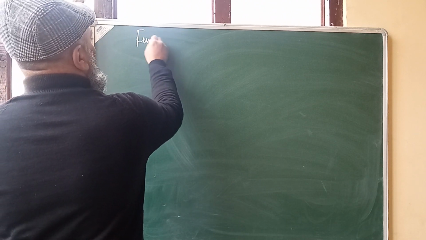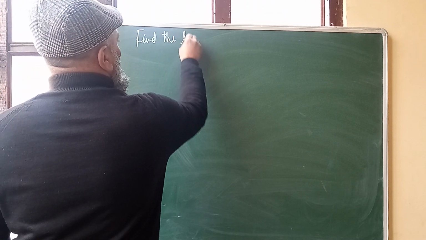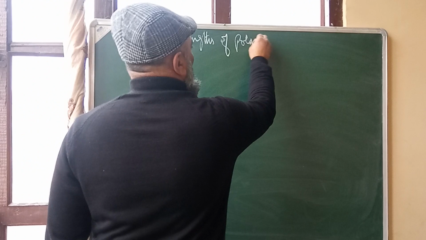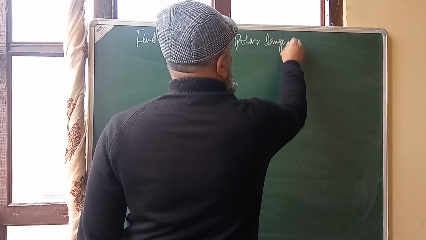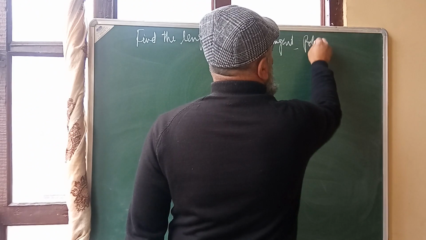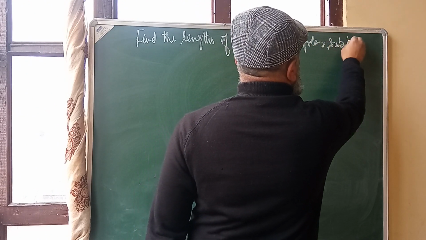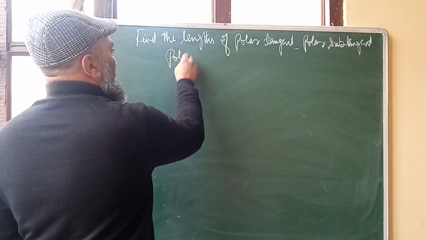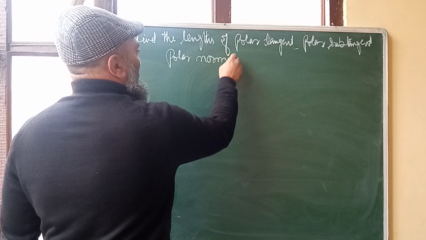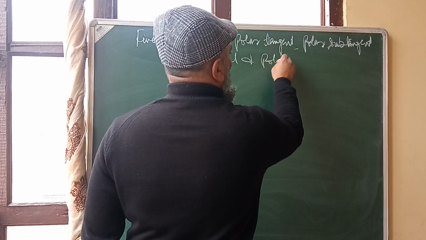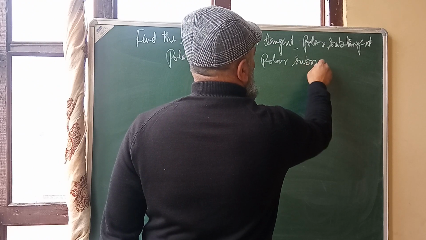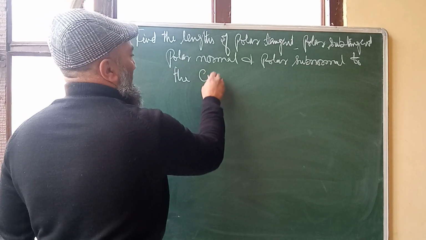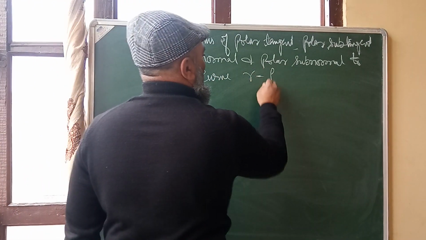Find the lengths of polar tangent, polar subtangent, polar normal and polar subnormal to the curve r equal f(theta).